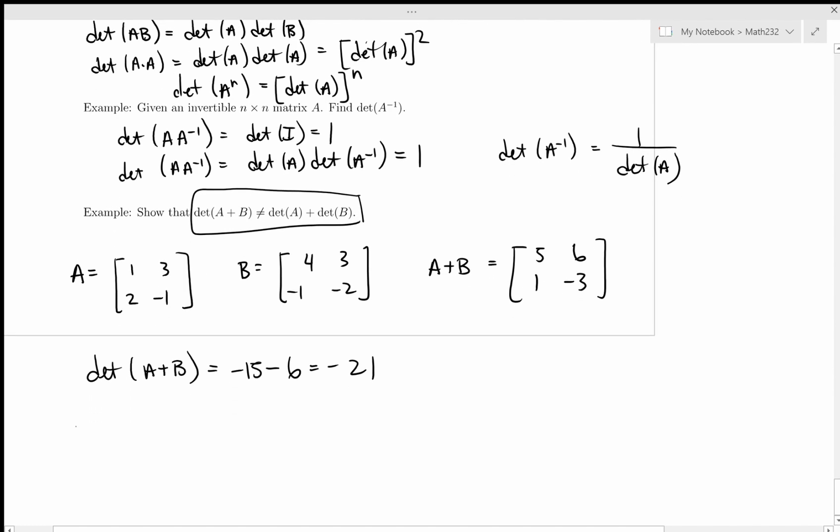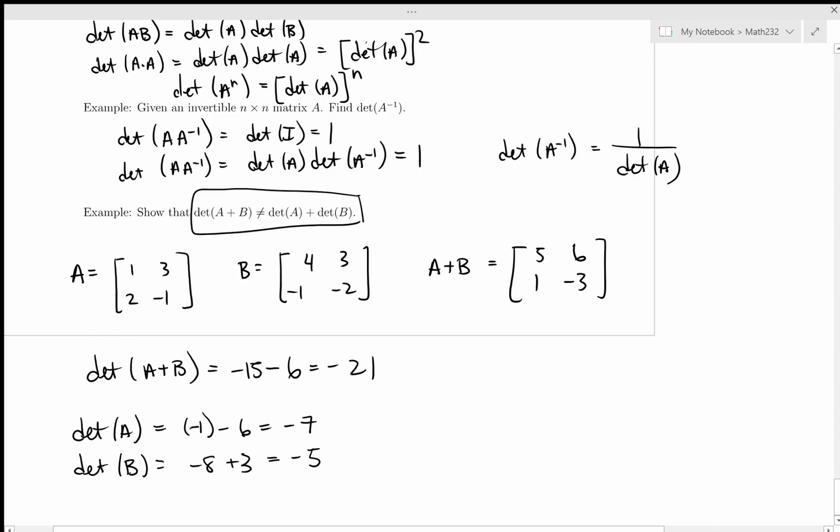The determinant of A is 1 times minus 1 minus 2 times 3, that is minus 7. The determinant of B is 4 times minus 2, which is minus 8, minus 3, so that'd be plus 3. So that's going to be minus 5.